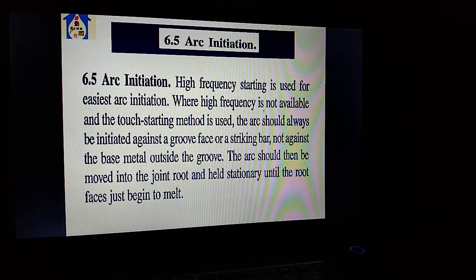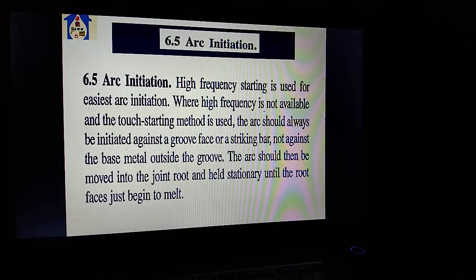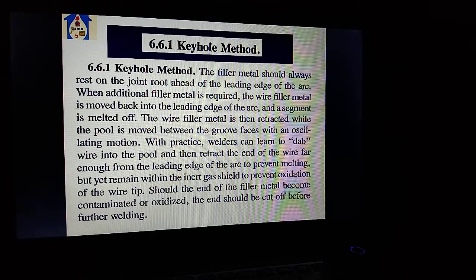The arc should then be moved into the joint and held stationary until the face is melted.